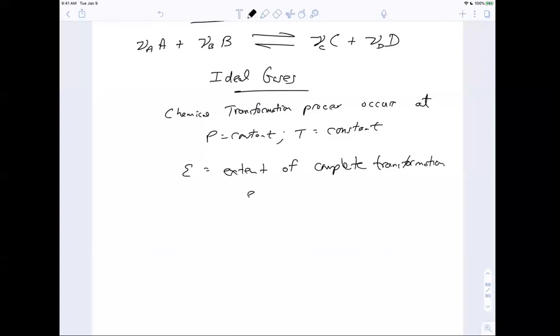Or in other words, I'm going to let that be extent of reaction. If we're only talking amongst chemists, we'll call that extent of reaction. But if you want to look at this as a very general thing, we'll let epsilon be the extent of complete transformation. And by complete transformation, what I mean is I start with something on the left, A and B. And if it's a complete transformation, I no longer have A and B, I only have C and D. If that were a complete transformation.